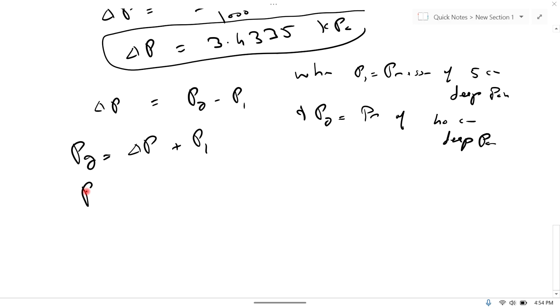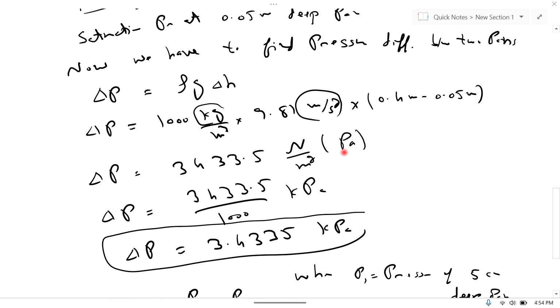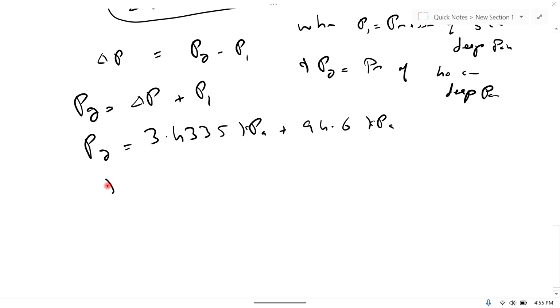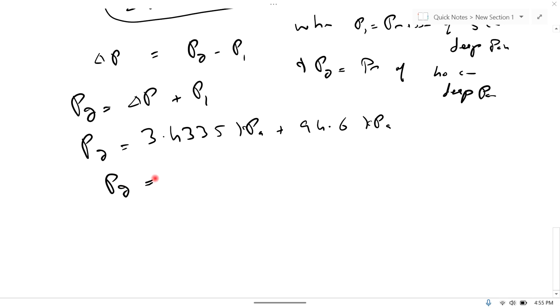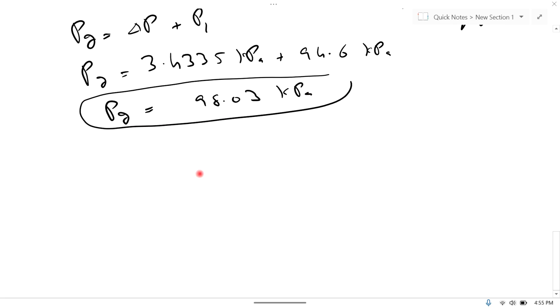Delta P is 3.4335 kilopascal, and P1 is 94.6 kilopascal. Adding these two values, P2 is equal to 98.03 kilopascal. Now we have to find the saturation or boiling temperature at this pressure.